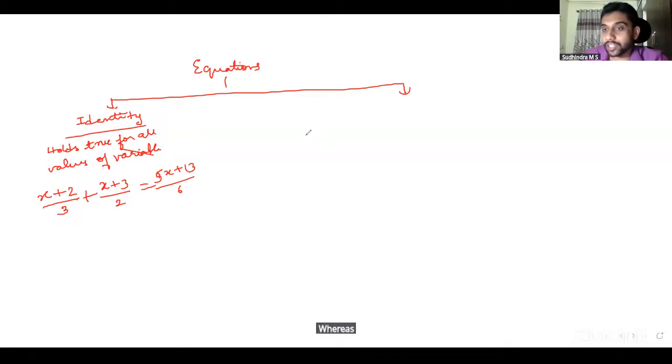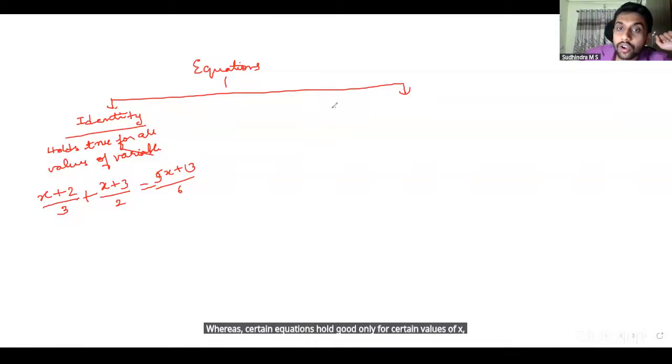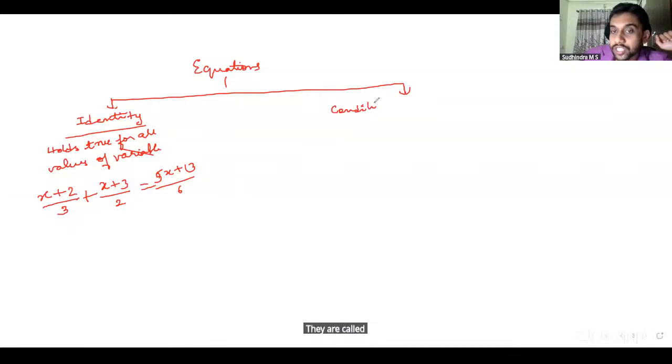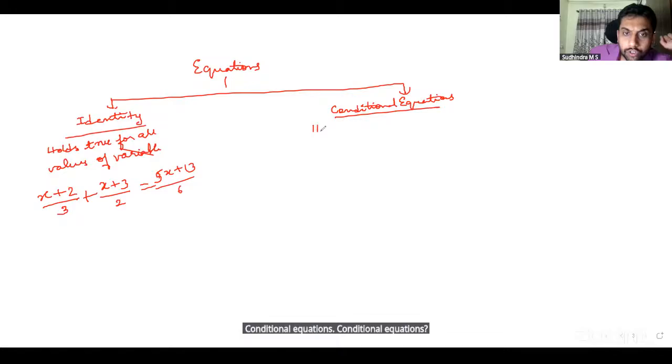Whereas certain equations hold good only for certain values of x, they are called conditional equations. Conditional equations hold true for certain values of the variable.